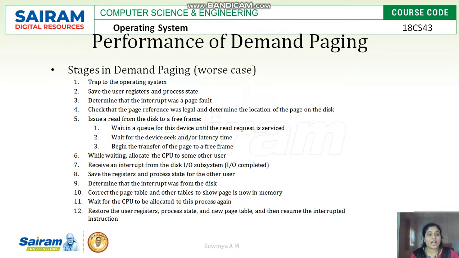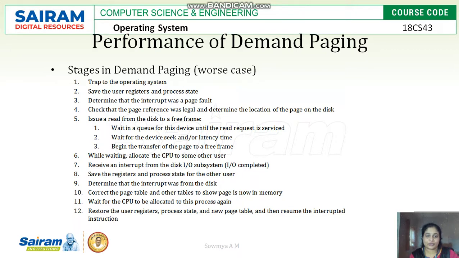After this, while waiting, allocate the CPU to some other user, since the CPU which was interrupted by the page fault is allocated to some other user. Receive an interrupt from the disk input output subsystem.